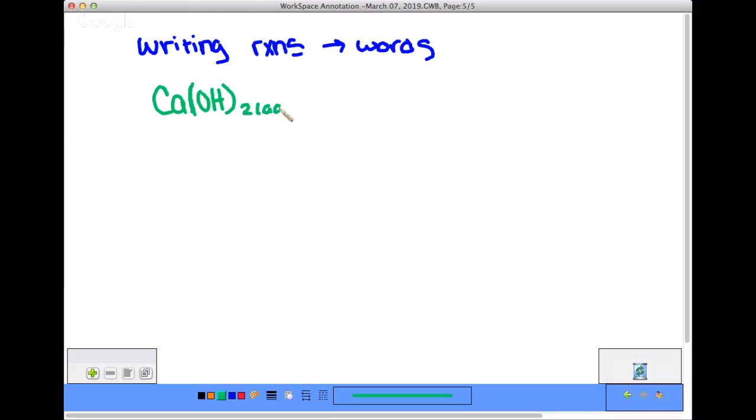This is aqueous plus H3PO4 aqueous gives Ca3(PO4)2, that's solid, plus H2O, that's liquid. I'm going to put my L right there.